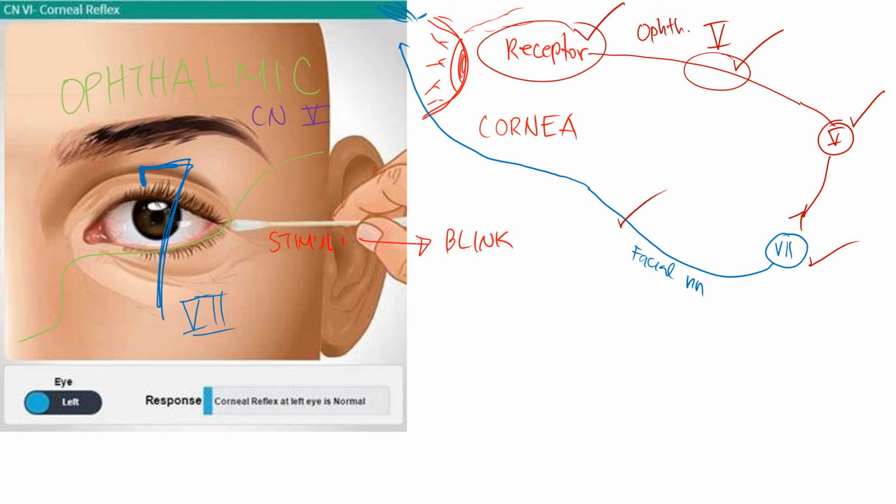Your facial nerve is intact. And your muscle governing eyelid closure is intact. Okay? So many structures tested by one single touch. That is why your reflex arc is a very, very useful tool. And it is important for you to understand how it works.